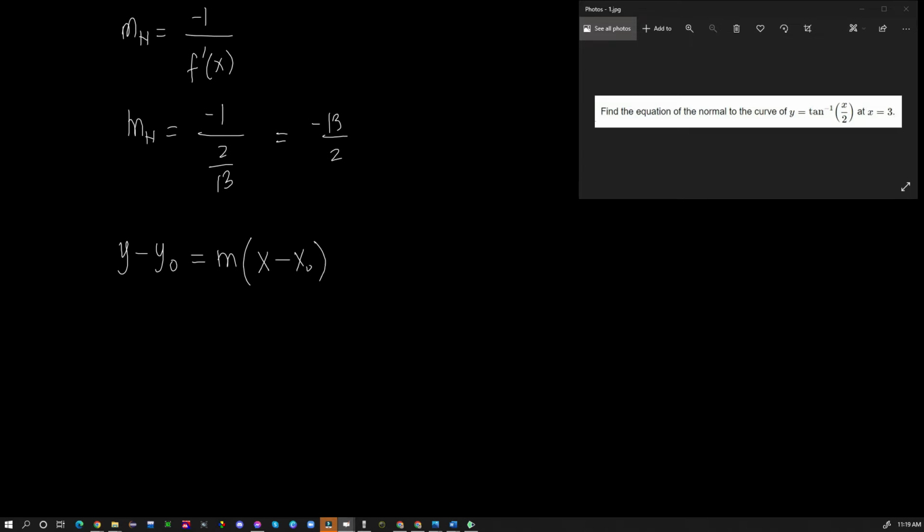Familiar, sir. So this is the equation of the line, or how to get the equation of the line, wherein y sub 0 and x sub 0 are points on the line, okay, or on the graph. No? Then we also have m as our slope.